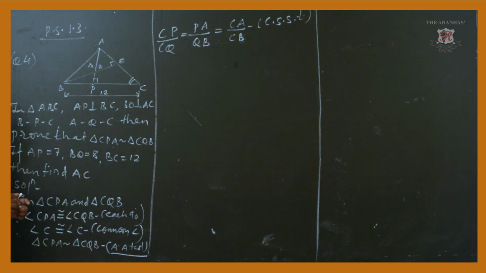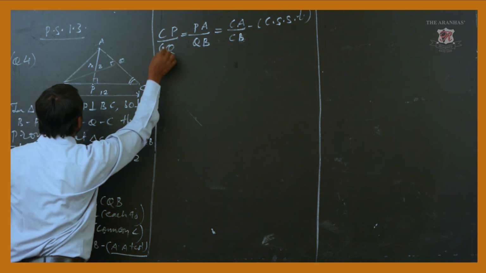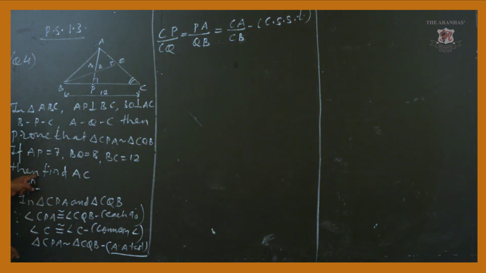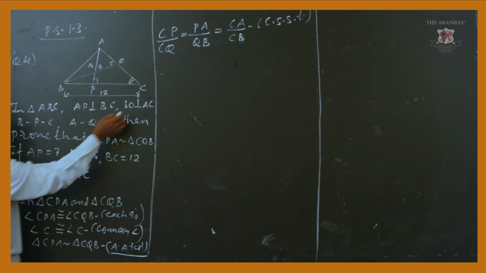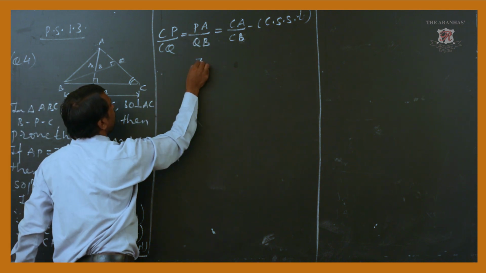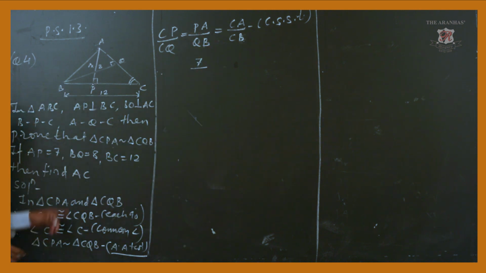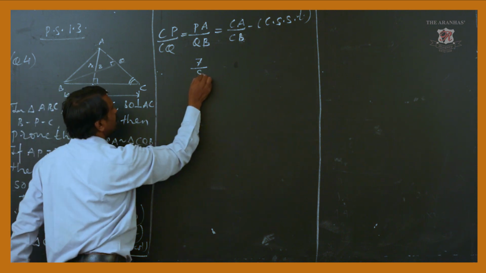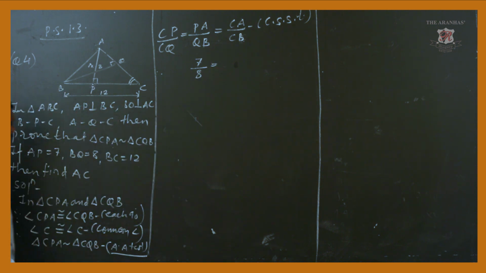Now let's see, in this you could substitute the values of CP and CQ, but you will see in the question those values are not given, so we will not substitute them. So PA is given here as 7 upon QB, otherwise BQ, which is given here as 8, which is equal to CA upon CB.